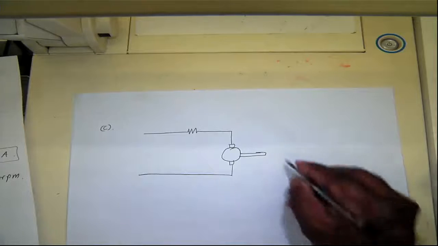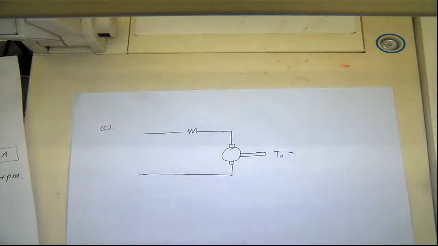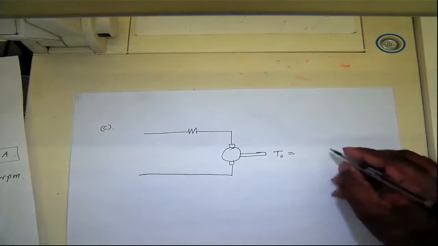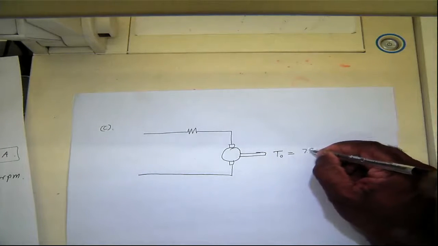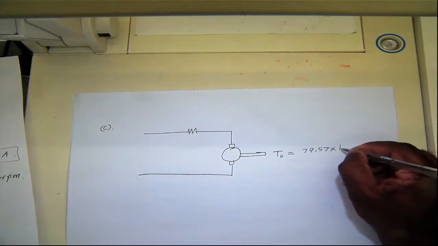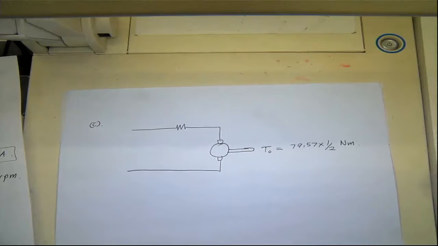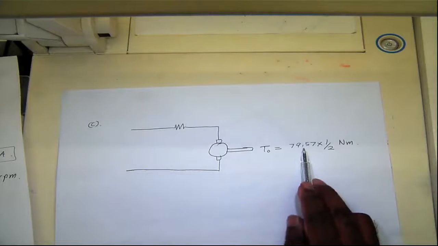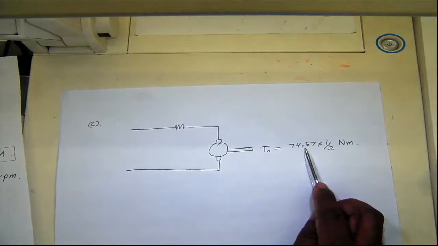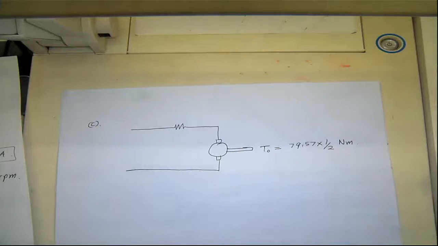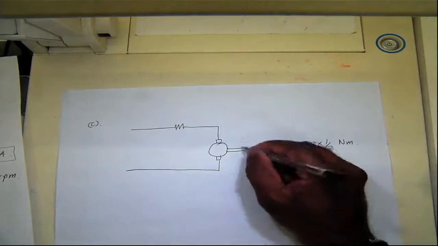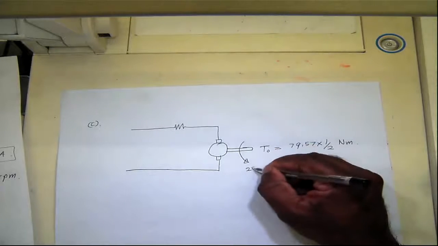So T out will be half the rated value we calculated. Previously we calculated the first one, 50% of 79.57. This is the torque it's producing. This value is the first answer we got from part A, that's the rated torque, and it's producing half the rated torque at 2,500 RPM.